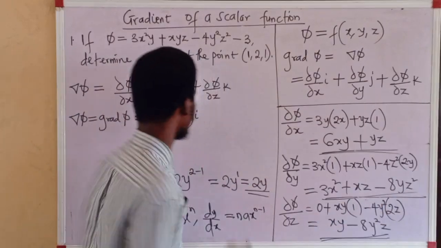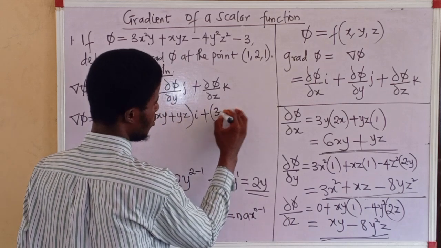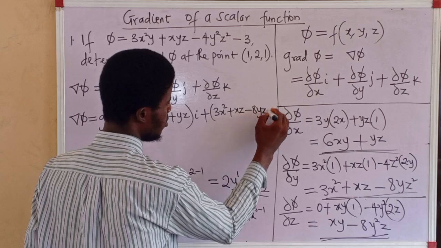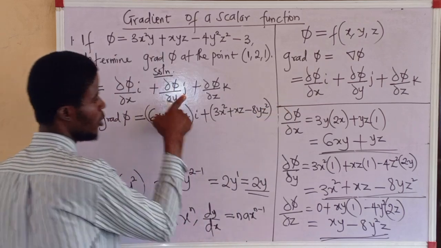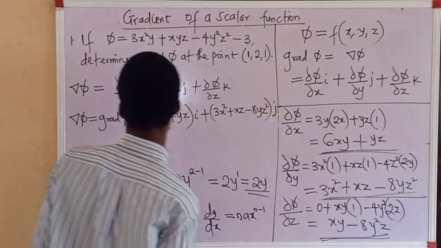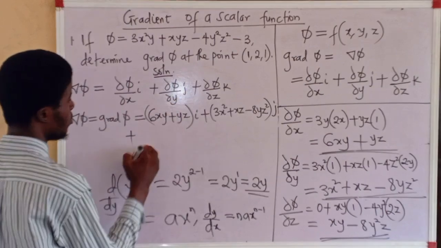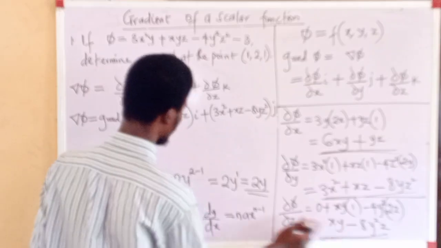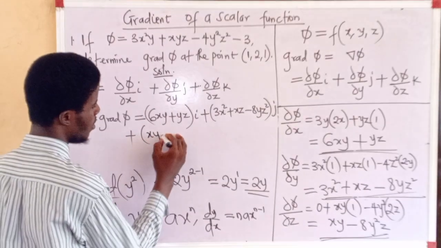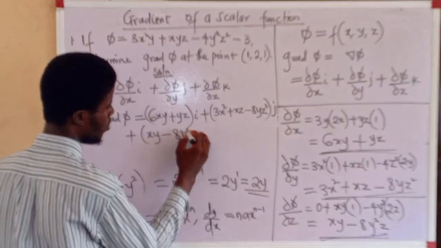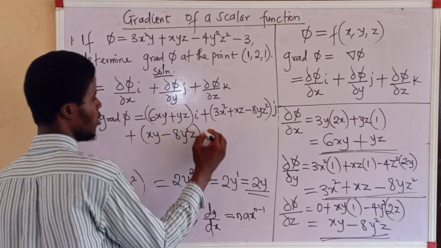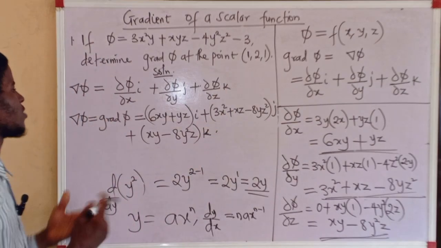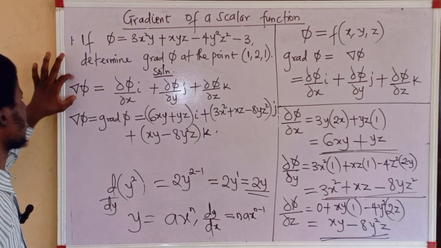This is it. Plus 3x squared plus xz minus 8yz squared times j. And plus, what is partial phi, partial z? This is it. xy minus 8y squared z times k. So this is the vector which gives the gradient of this scalar field.